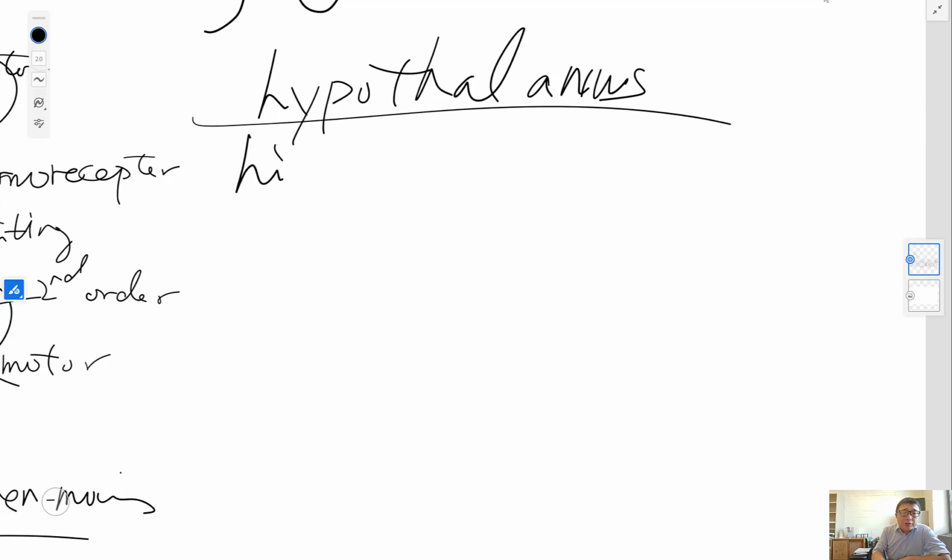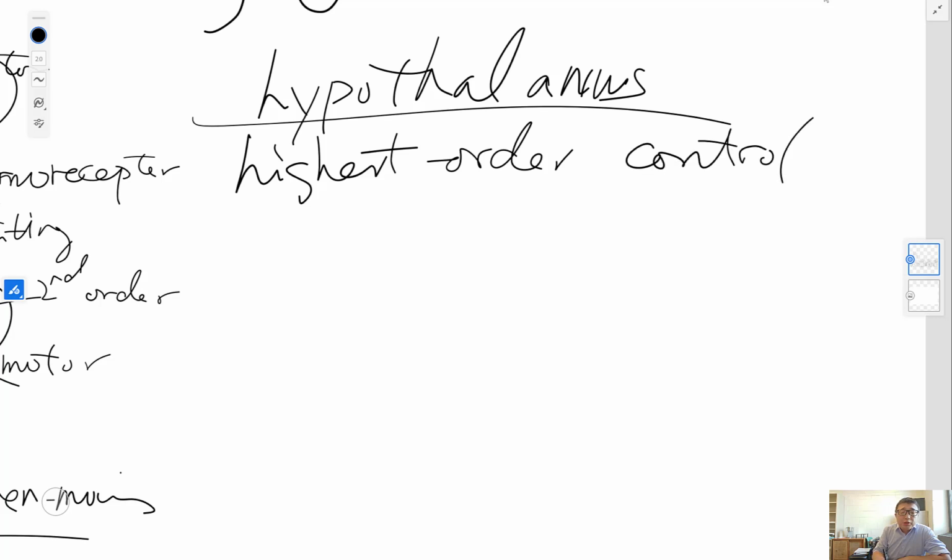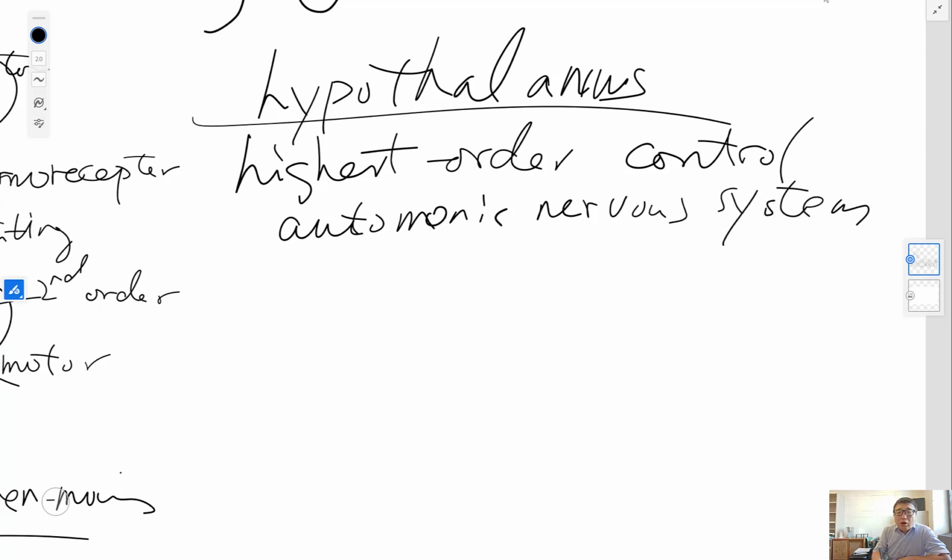The hypothalamus is the highest order control center of the autonomic nervous system. I tried to find out if all autonomic processes are controlled by the hypothalamus, but I didn't get the exact answer. But so far, I think all of those autonomic processes are under the control of the hypothalamus.